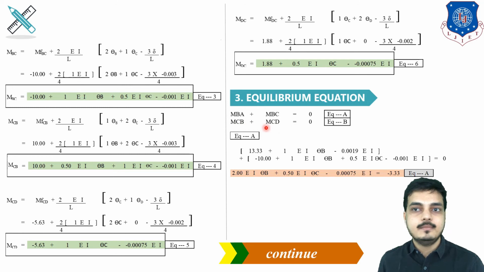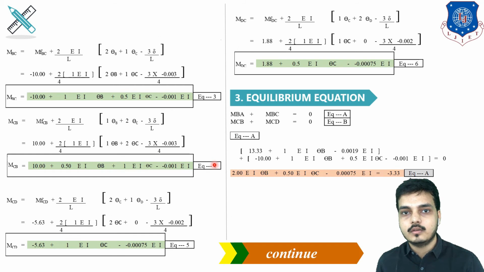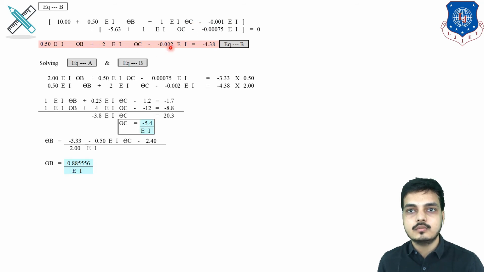Similarly, we have to do it for MCB plus MCD. So this is my equation number 4 and this is my equation number 5. Look, we did equation number 4, MCB: 10 plus 0.5 EI theta B plus 1 EI theta C minus 0.001 EI. I have taken it in a calculation. I will show you. And this is equation number 4.